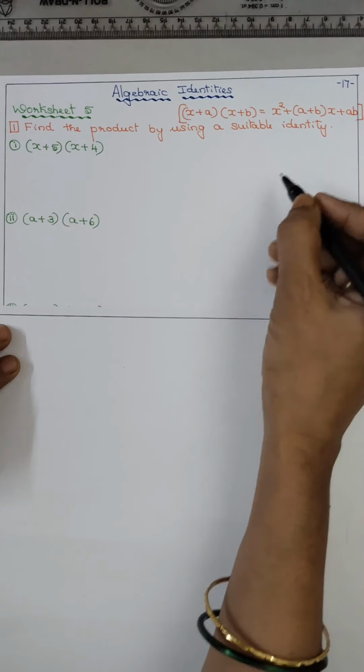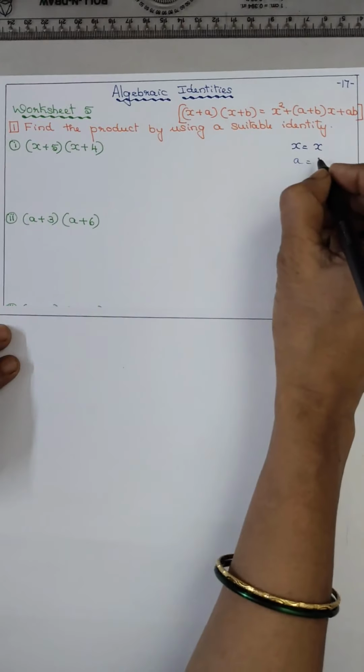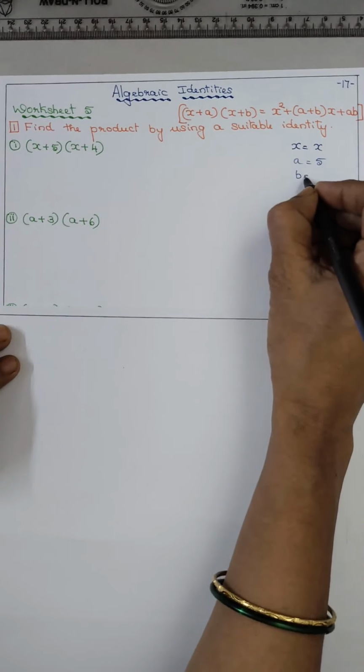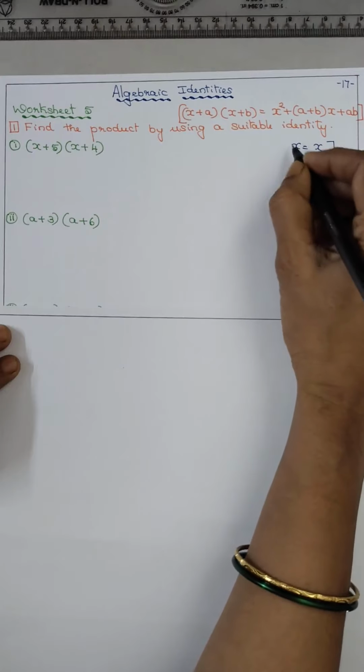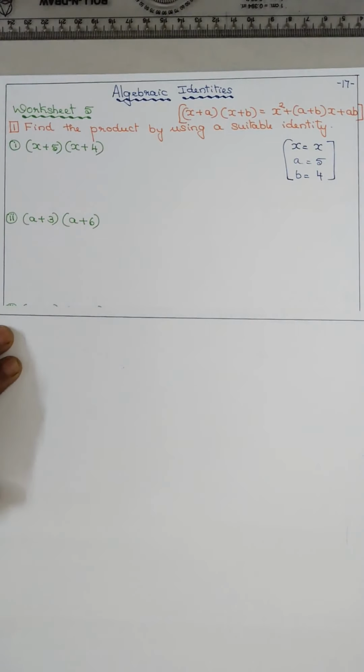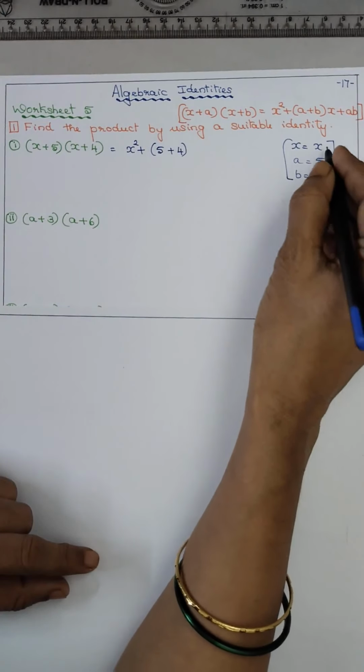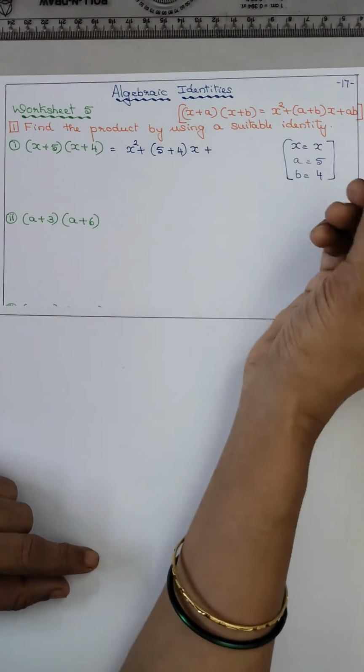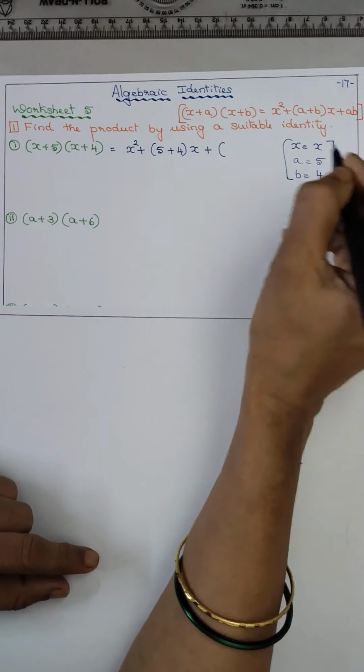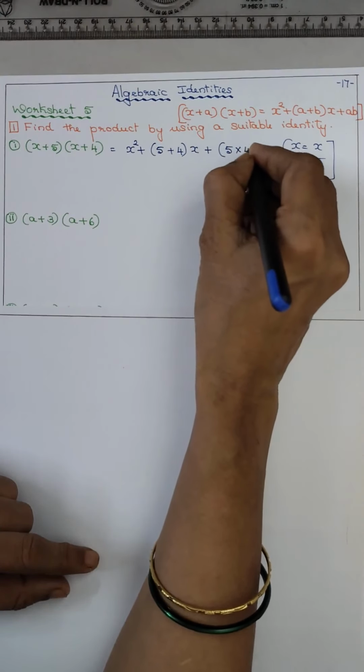So x is equal to x, a is equal to 5 and b is equal to 4. Write it and now put the values. It is x², that is x² only, plus (a + b), 5 plus 4, into x, plus ab, that is 5 into 4.